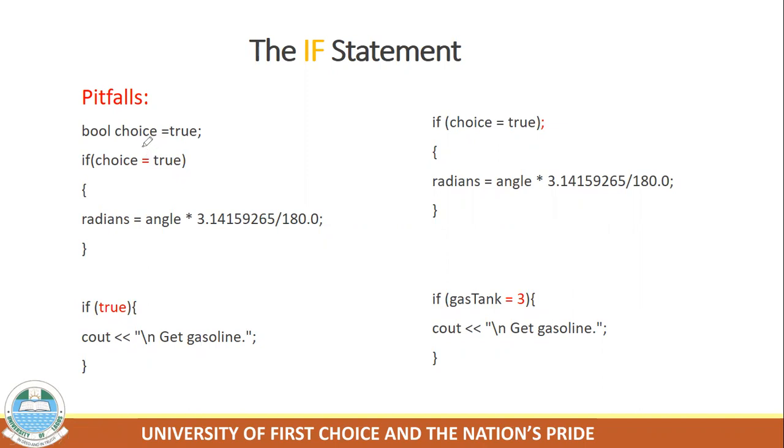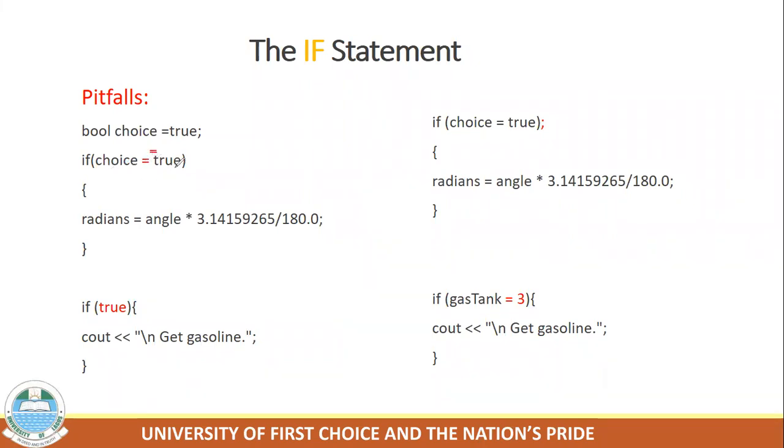So you want to test if choice is true, you use your double equal to, right? To test if it's true. So you say if choice is equal, you use your double equal to.